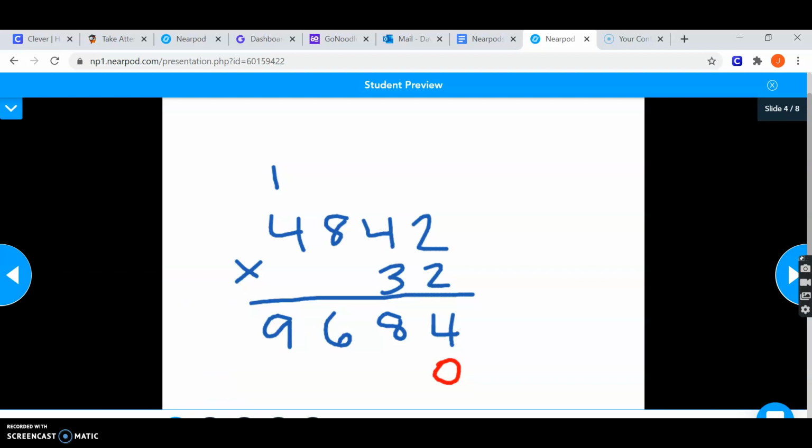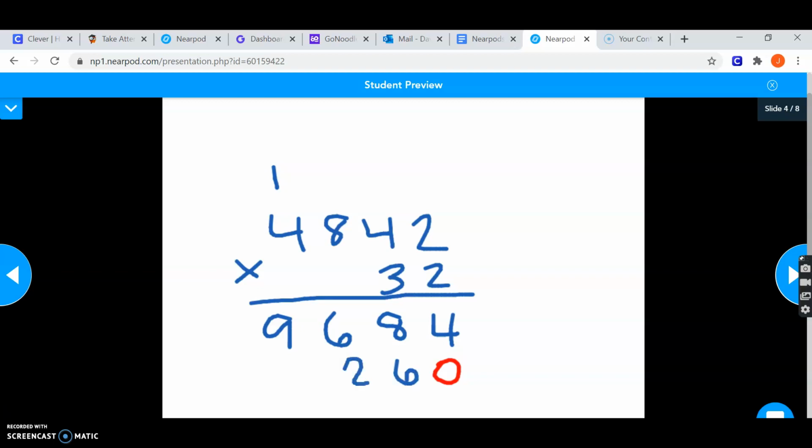So now 3 times 2, 6. 3 times 4 is 12. I'm going to cross this one out because I don't need it anymore. 3 times 8, well, if you don't know that one off the top of your head, think about counting by threes, or you can add 8 3 times. So I'm going to count by threes.